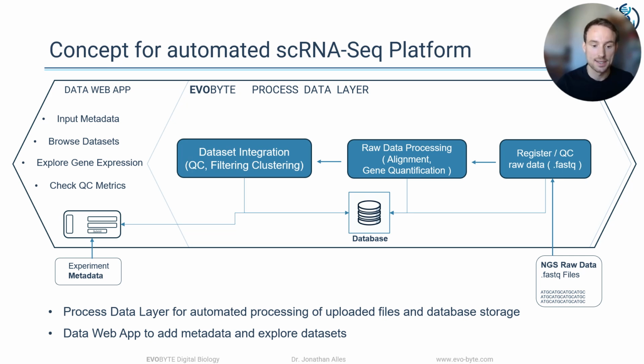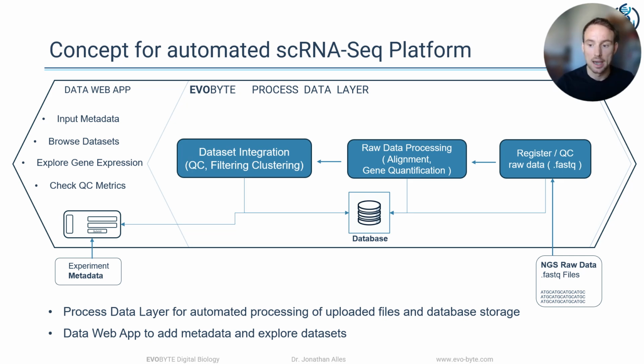And in this case, we decided that we would like to have the functionality to basically annotate and browse the RNA-Seq data sets. So that refers mostly to the metadata, but then we would like to have two additional functionalities. And one is basically we want to have a view in which we can check the QC metrics for each of the data sets so that we can right away ensure that the quality of these data sets is decent.